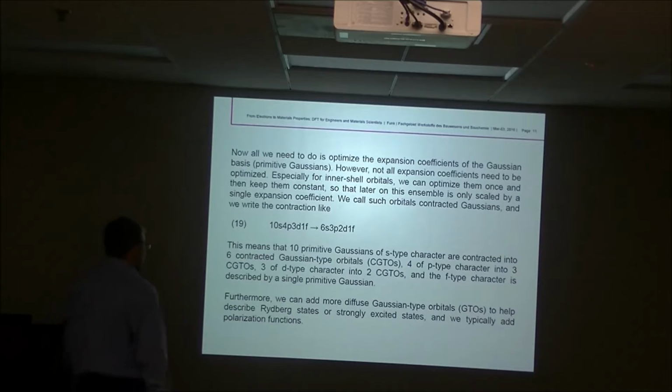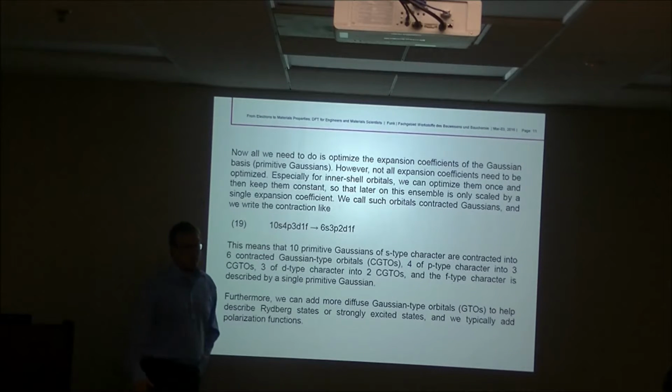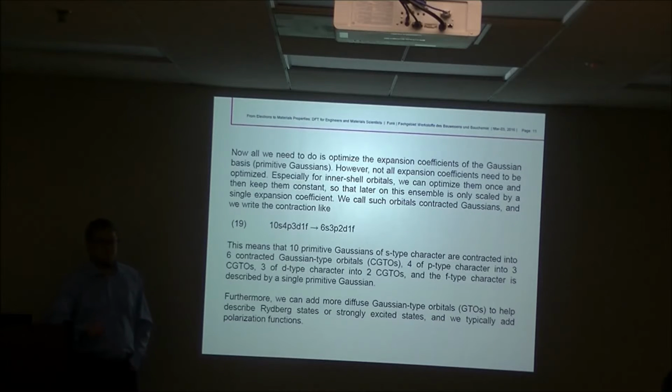If you want to go for a Rydberg state, which is an electron closely before it leaves the atom or the molecule, you have to use them. If you go into condensed matter and you use them, your simulation crashes because they have such a long range that you can no longer decompose your bases. So be careful with these.